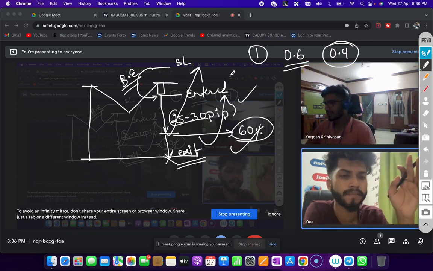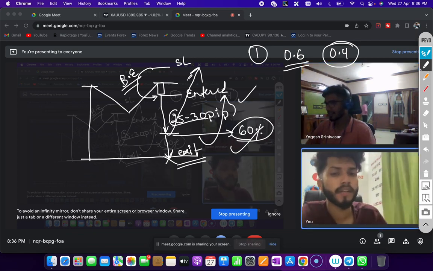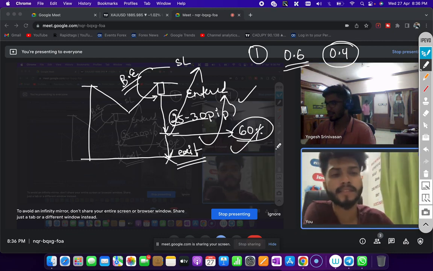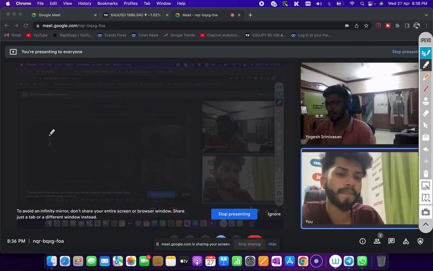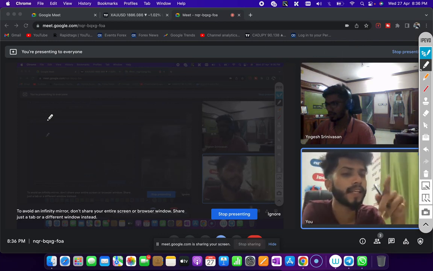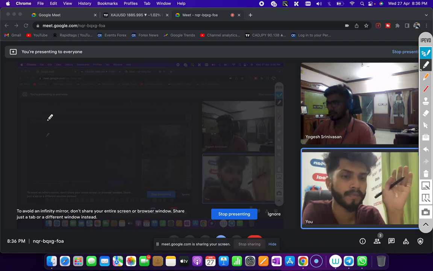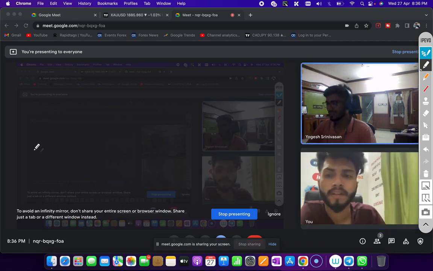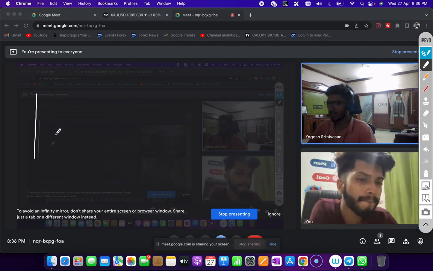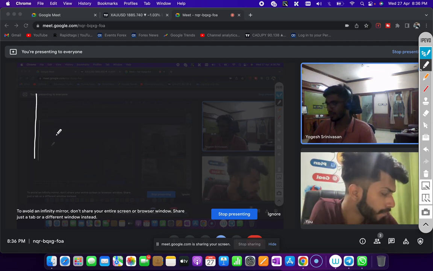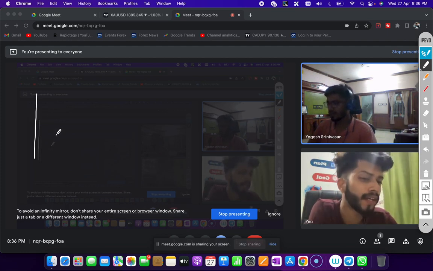Now the third thing you need to understand: whatever I am saying is just vice versa in the case of double bottom. It is not always a double top, it might even be a triple top pattern formation.